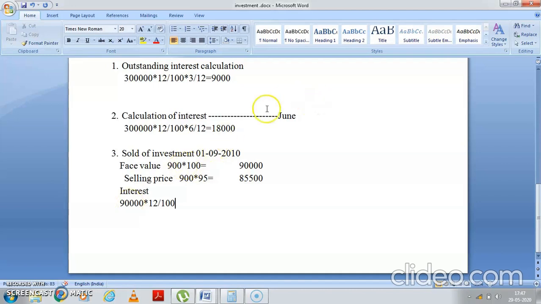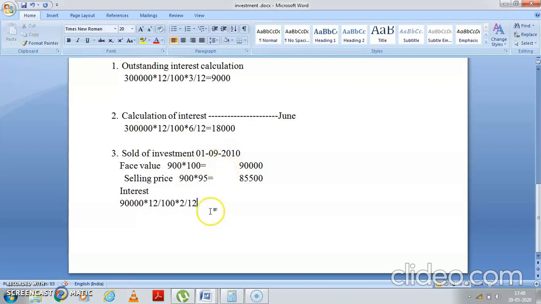See, last interest I received in the month of June. Am I correct? Now tell me students, from June, how many months have you used the investment? What comes after June? July, and after that it is August, and on 1st September you are selling it off. That means you have kept the investment for how many months? 2 months. So it is 2 by 12.